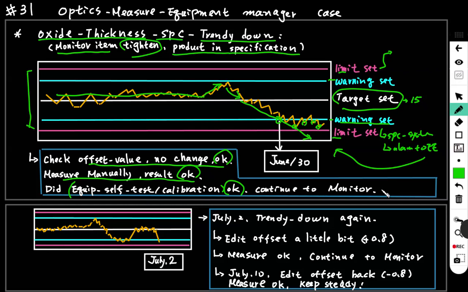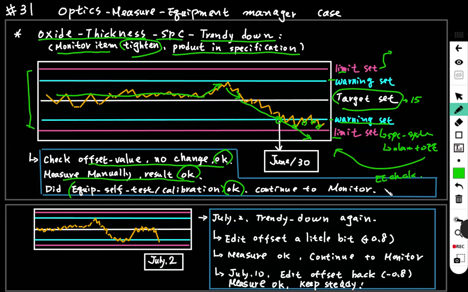So the engineer continued to monitor it and did not do anything else, because the equipment engineer checked that no parts needed to be renewed.